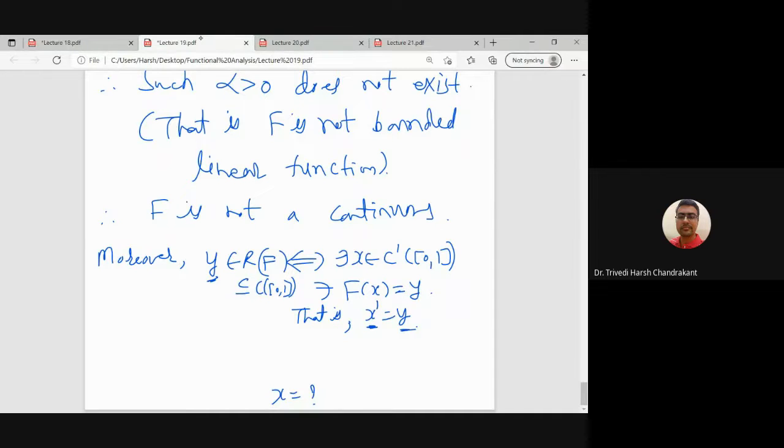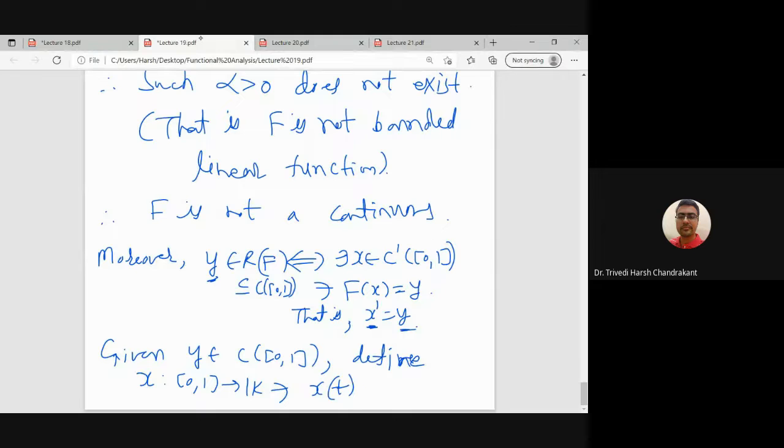So we know the fundamental theorem of calculus. So given any y in the closed interval 0 to 1, we can define the proper integral. So x is a function from the closed interval 0 to 1, such that x(t) is equal to the integral from 0 to t of y(s) ds.